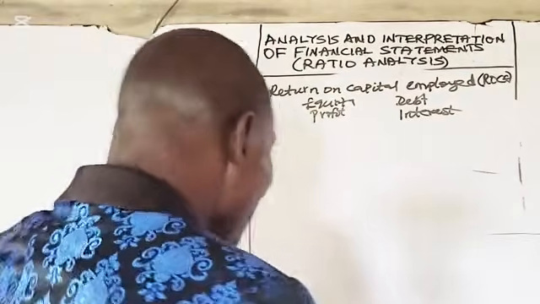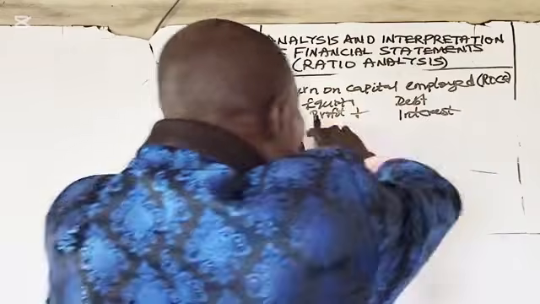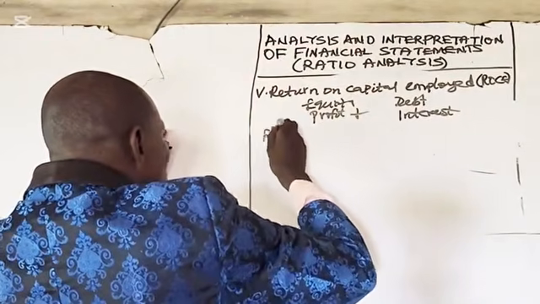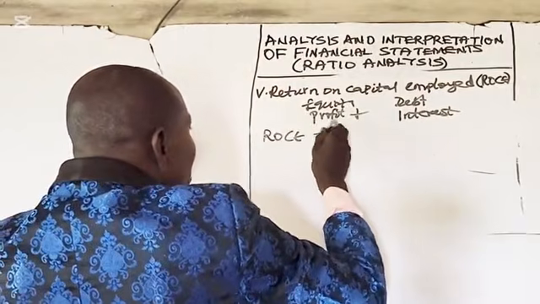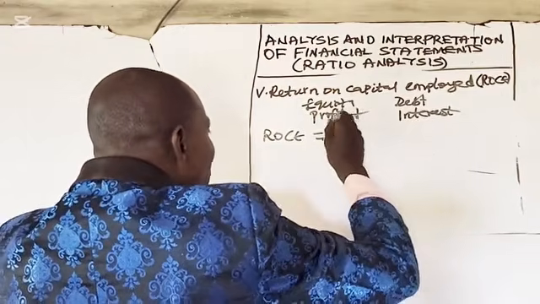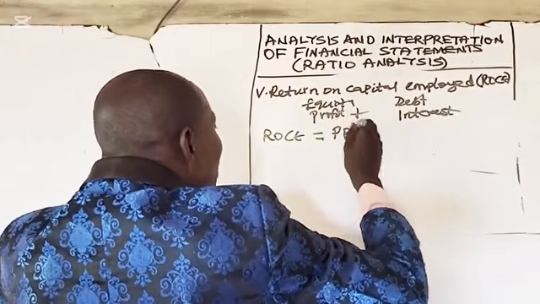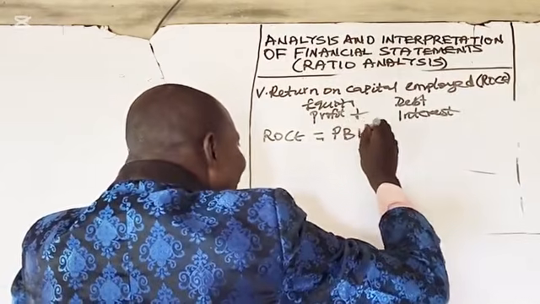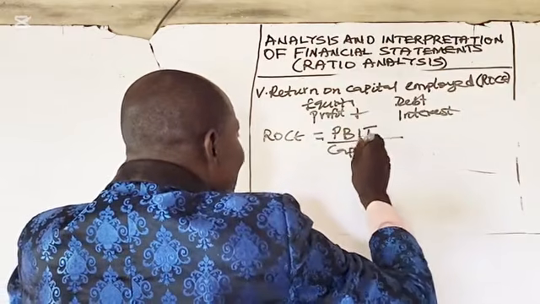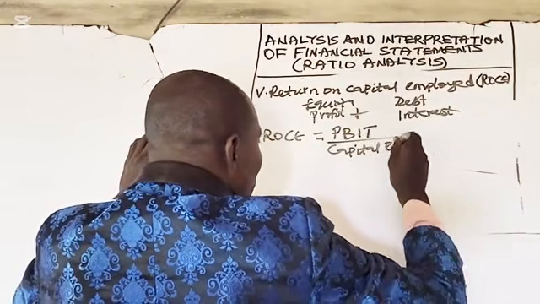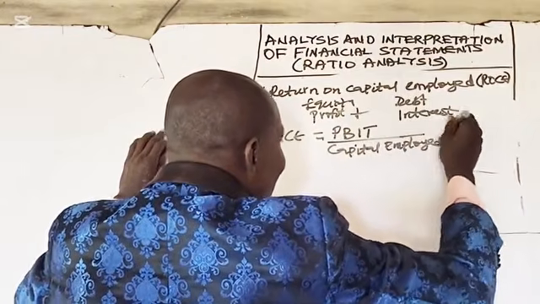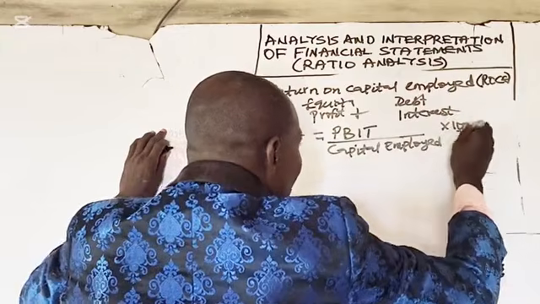So now, if it is the return to both sources of finance, that means your numerator now will be profit plus interest. That will be profit before interest and tax over capital employed. Profit before interest and tax over capital employed.